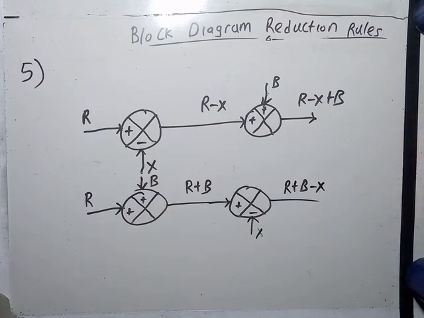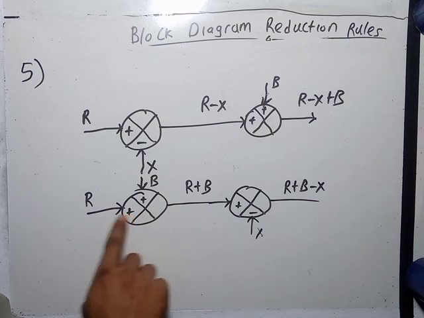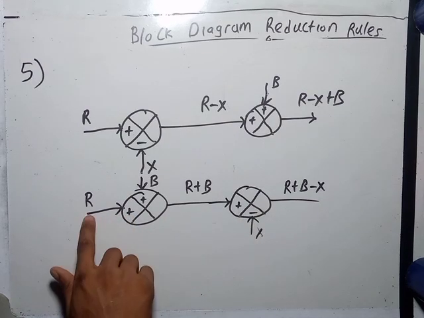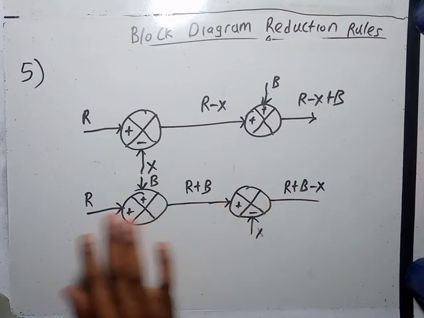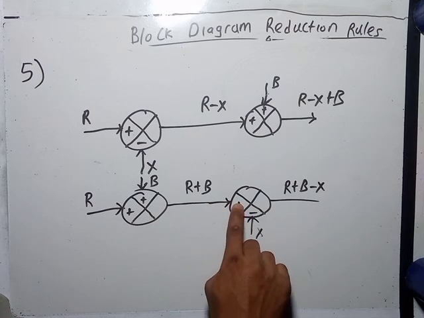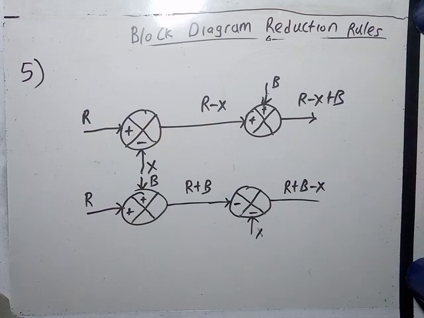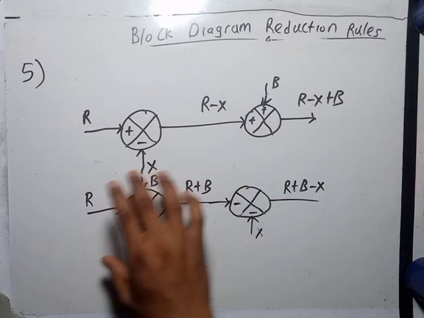Now I would like to say that while interchanging, make sure that your main part sign, which is this part, is not attached to any minus sign, because you can't interchange it and still get the same thing.